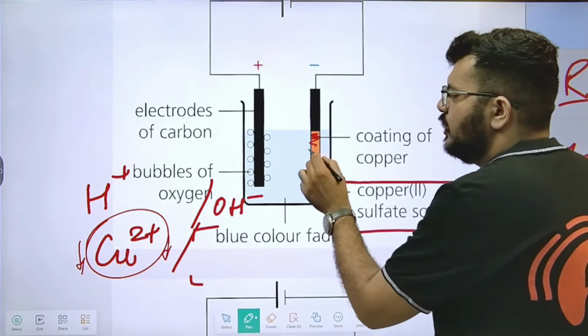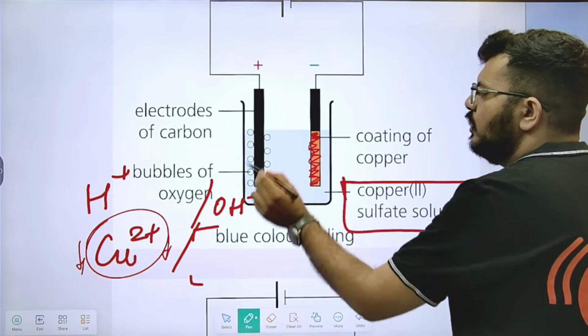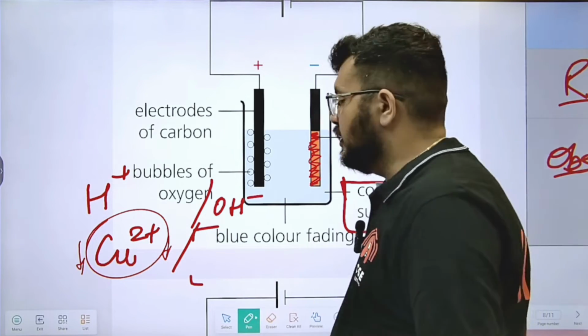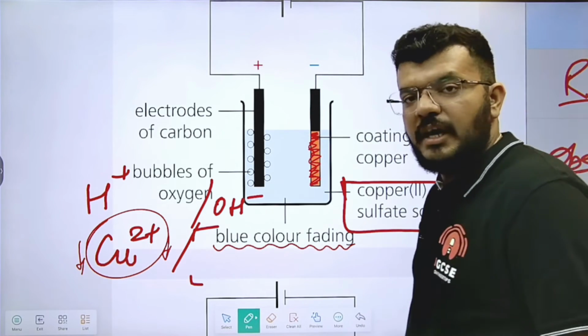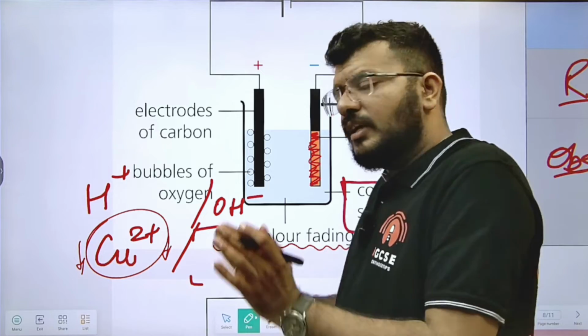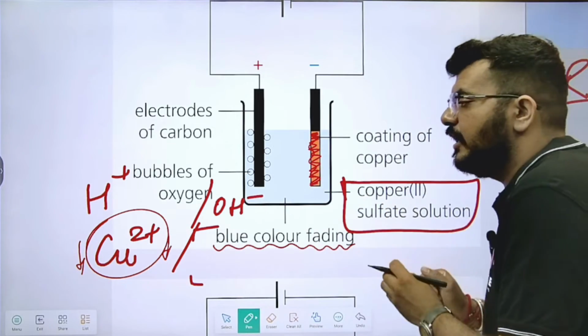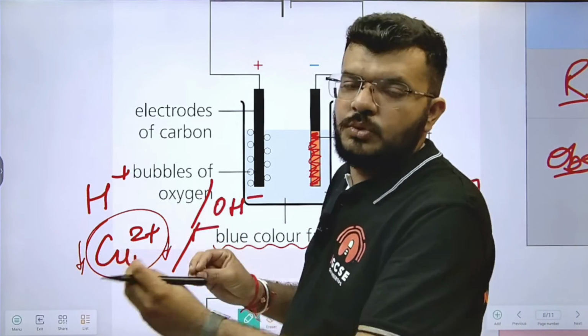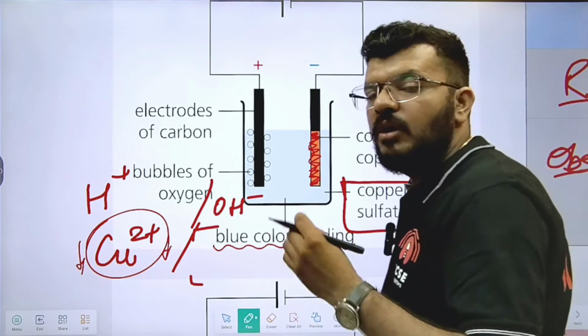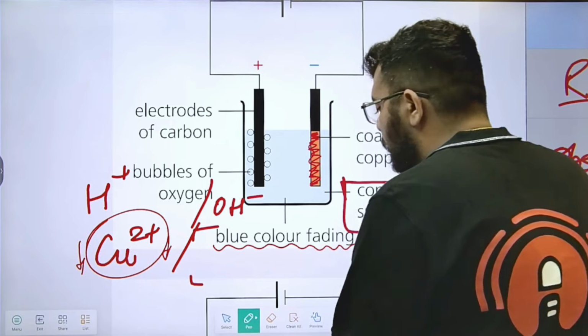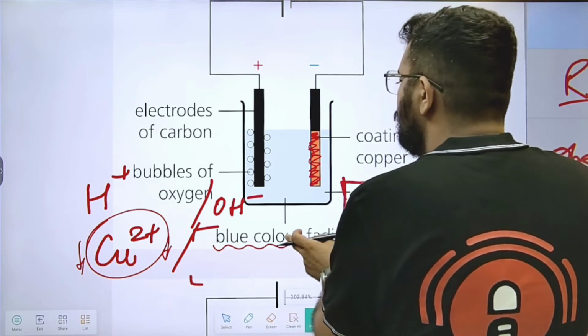It is depositing on this cathode, so copper ion goes on decreasing, and therefore the blue color of this solution starts fading. So if you take inert electrodes and electrolyze copper sulfate solution, the color of the solution will go on fading, right?